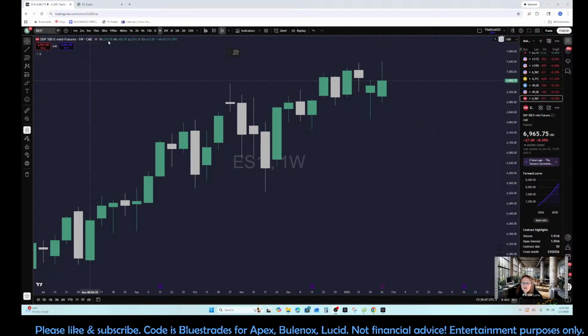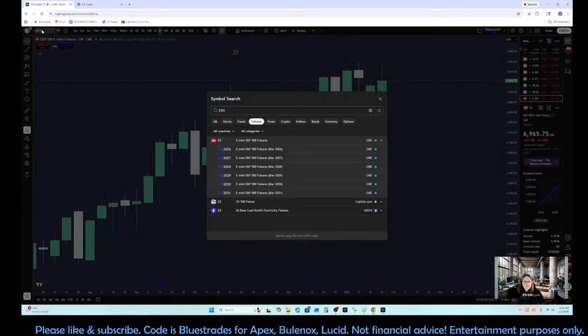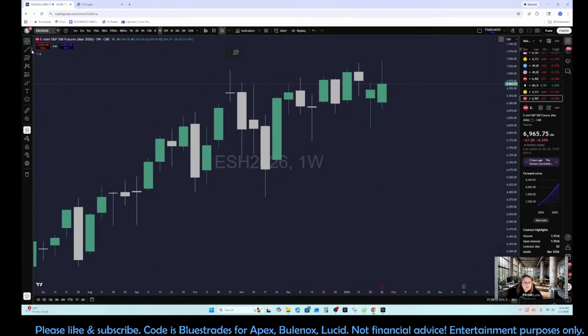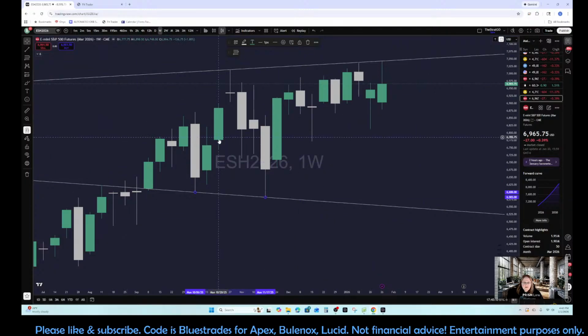Okay, so let's do the actual contract first. I like to always draw the broadening formation. Draw one here, but this is the larger one we're in.